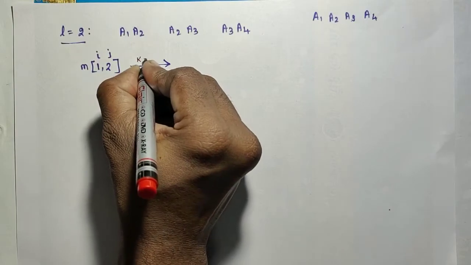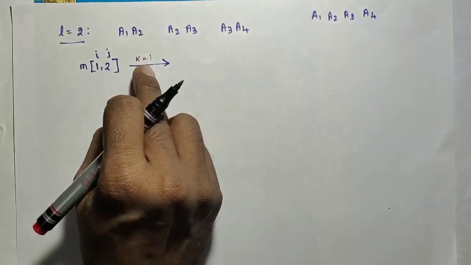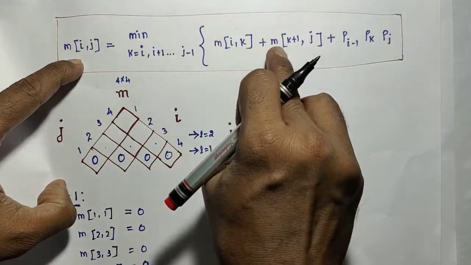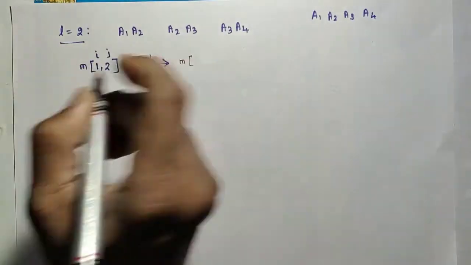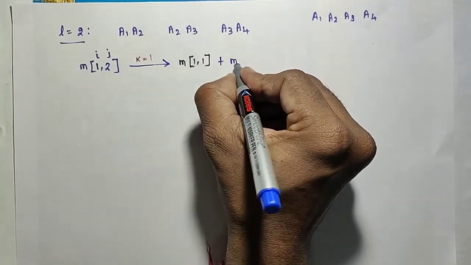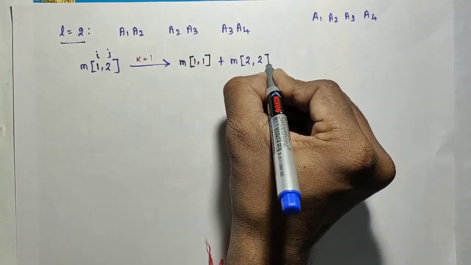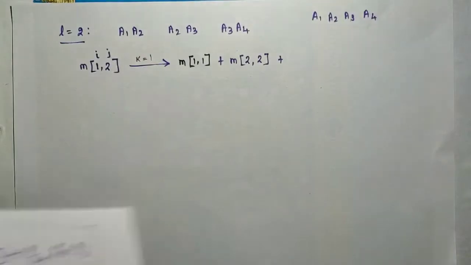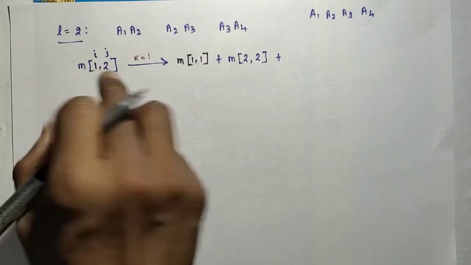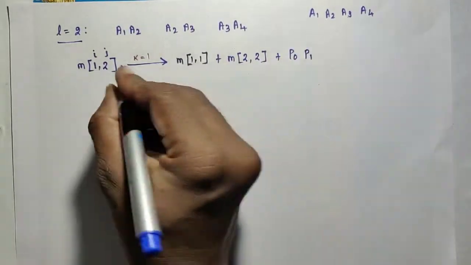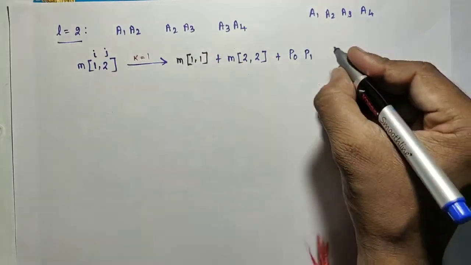If you apply K equal to 1 here, we get M of 1, 1 plus M of 2, 2 plus, in this formula, p(i-1) p(k) p(j). p(i-1) means p0, k means p1, and j is 2, so p2.